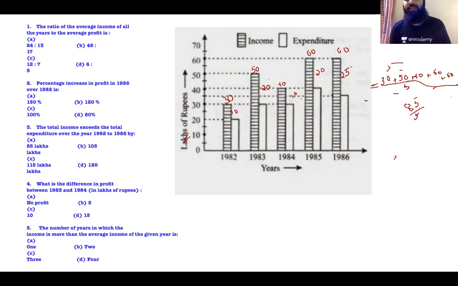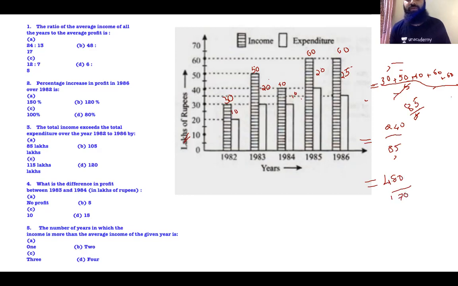So when I have to take the ratio, here 5 and here the 5 will get cancelled. If I take the total, it will be 240 to that of 85. Multiplying both the values by 2, I get 480 divided by 170.